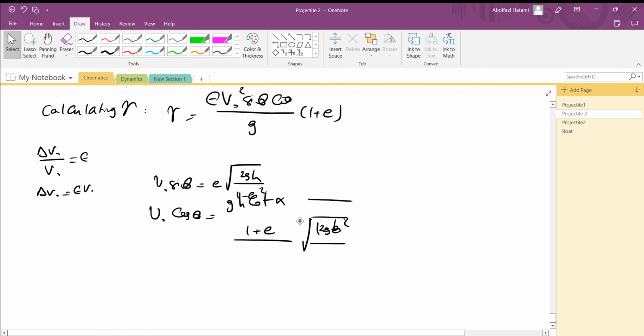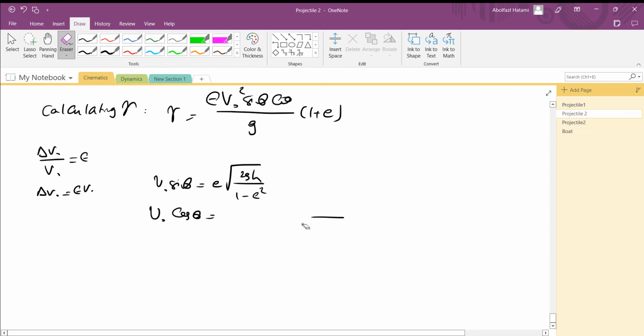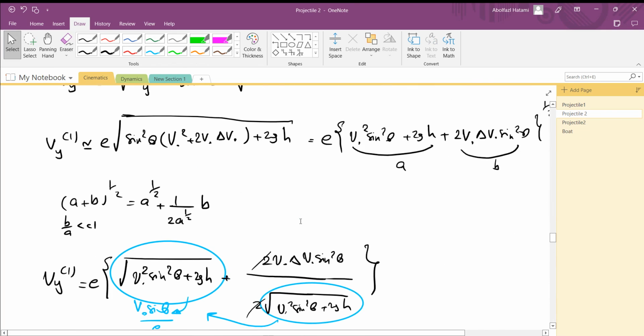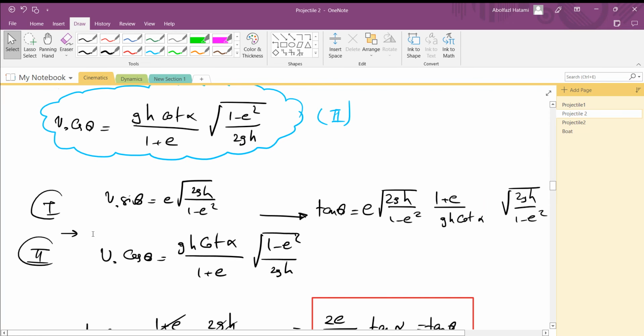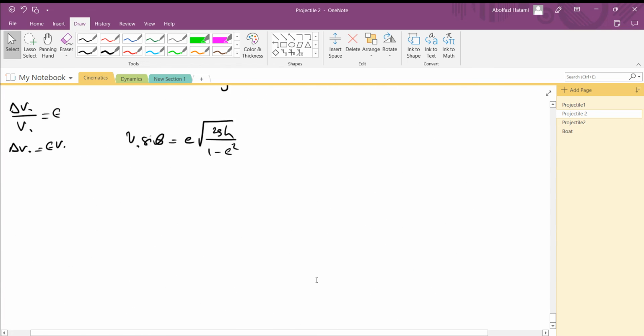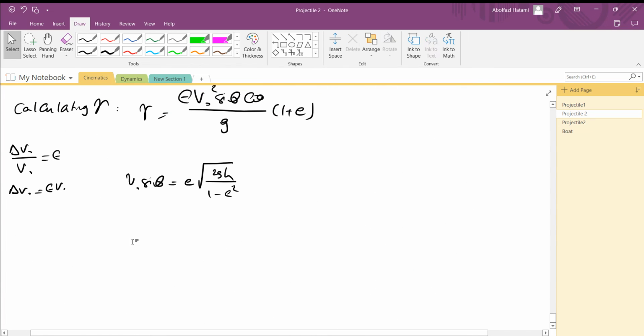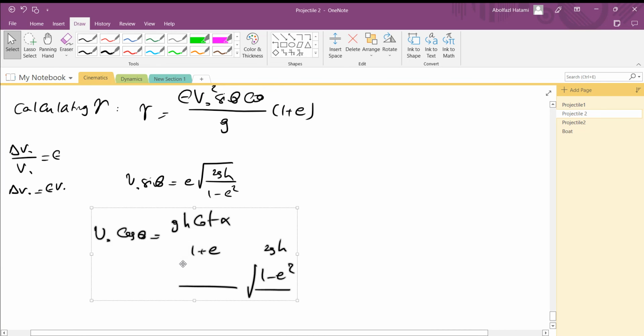Oh, it is so messy. 1 minus e², and it was something like, I forgot it, V0 cosine of theta. I need to copy it again. What was V0 cosine of theta? It was this. Okay, copy it and paste it here. Oh, it is so messy. I should write it.